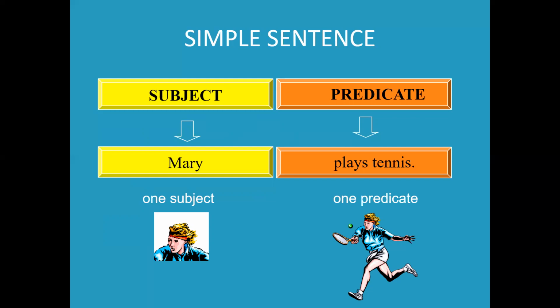And the simple sentence is always able to complete its own meaning, and that is the most important thing. So this is again that same example. Mary plays tennis, means we have one subject, that is Mary, and one predicate in the sentence, that is plays tennis.